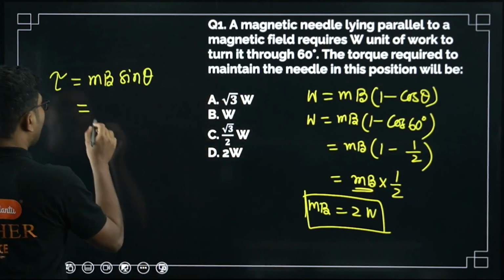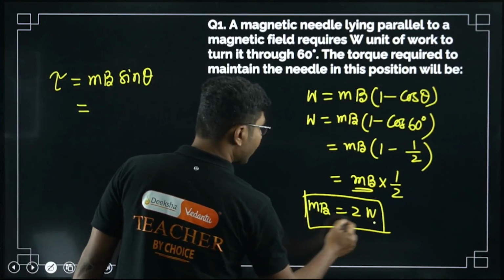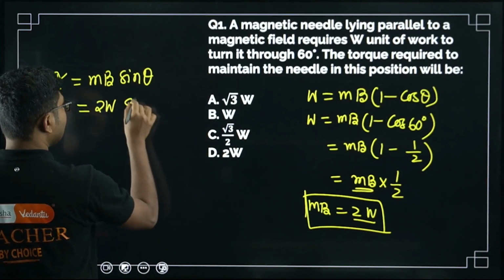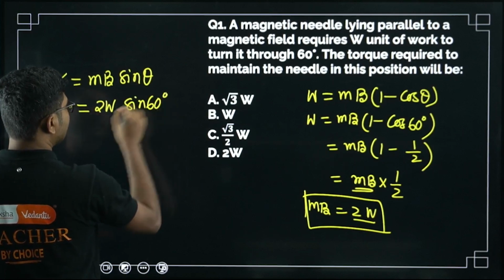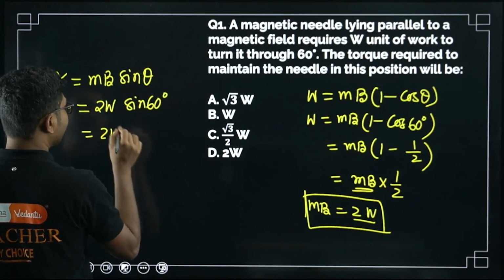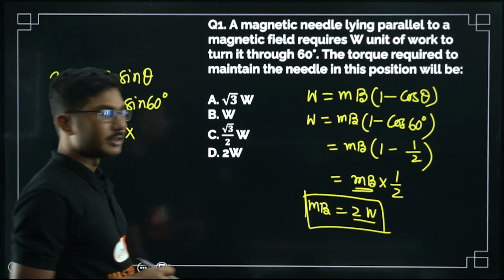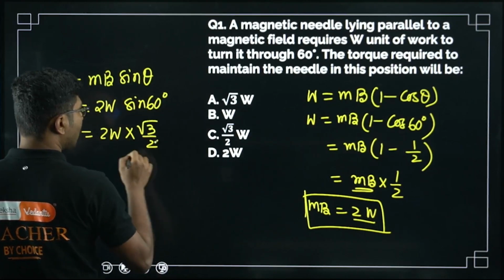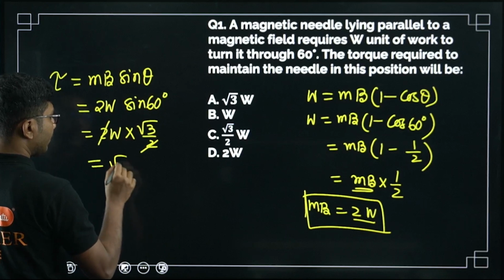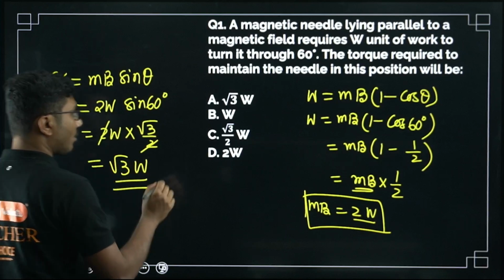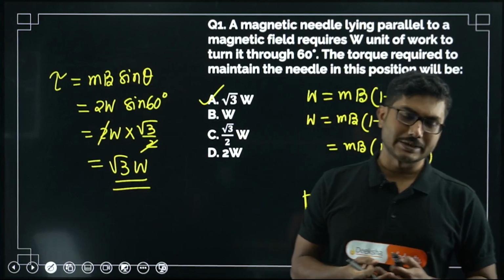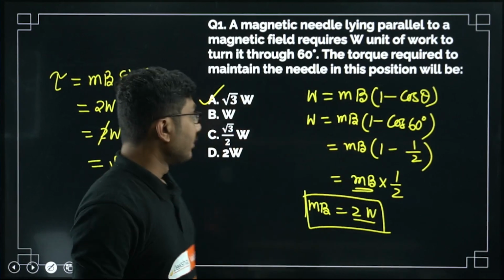We have already calculated mB, it is 2W, and sin 60 degrees. So here you only need to apply two formulas to solve this question. Sin 60 is root 3 by 2. So the 2 cancels, and you get root 3 W as the torque that you need to keep it in its place.